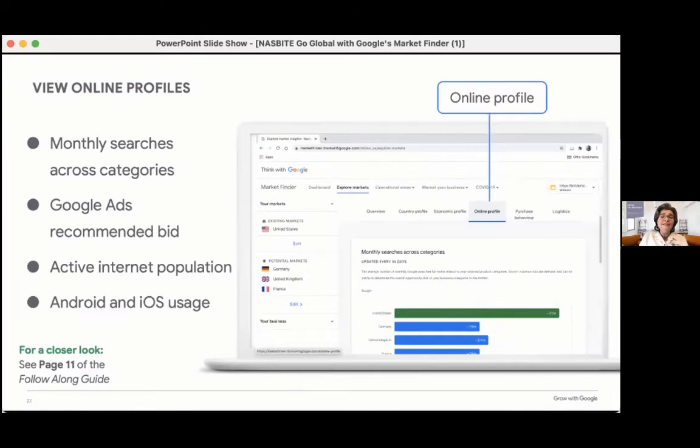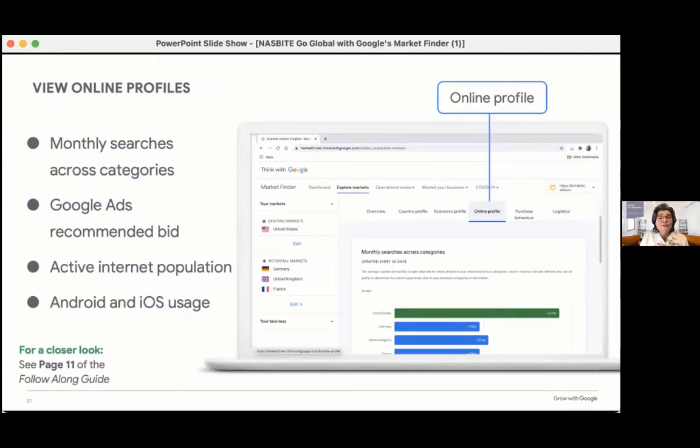Now click next and you will see what is on the online behavior. In these markets, you will find out what percentages of the population uses internet, how many total internet searches there are per month, and whether there are more Android users versus iOS users.